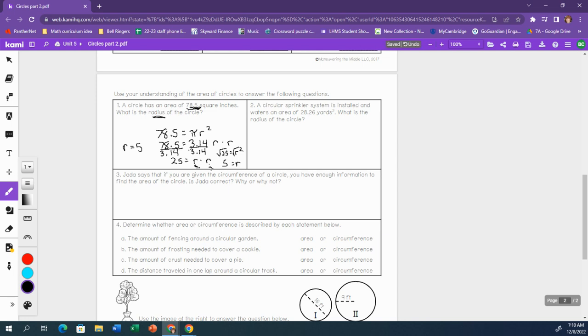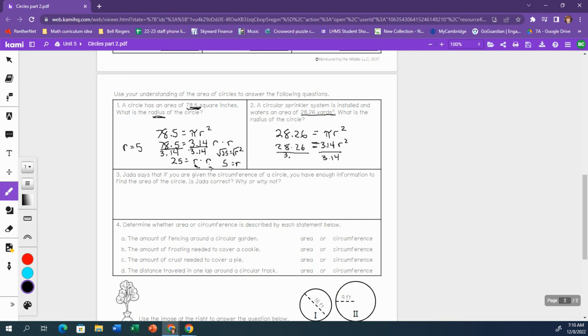Okay, let's do another one. The area is 28.26. And that equals pi r squared. Okay, so we're going to plug in 3.14 for pi. We're going to divide by, that's an equal, not a negative, 3.14.